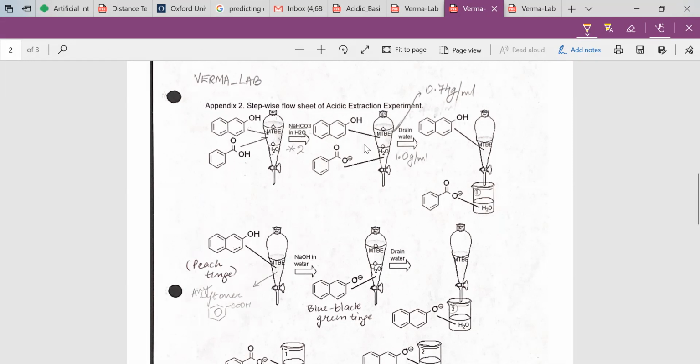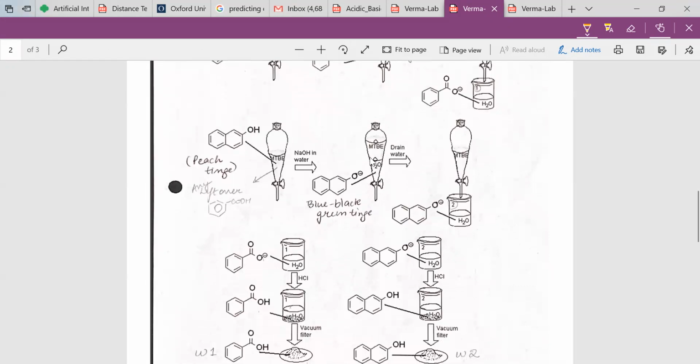The first extraction was for the benzoic acid. The second extraction with sodium hydroxide is for 2-naphthol majorly. You will see formation of bubbles in this particular system.